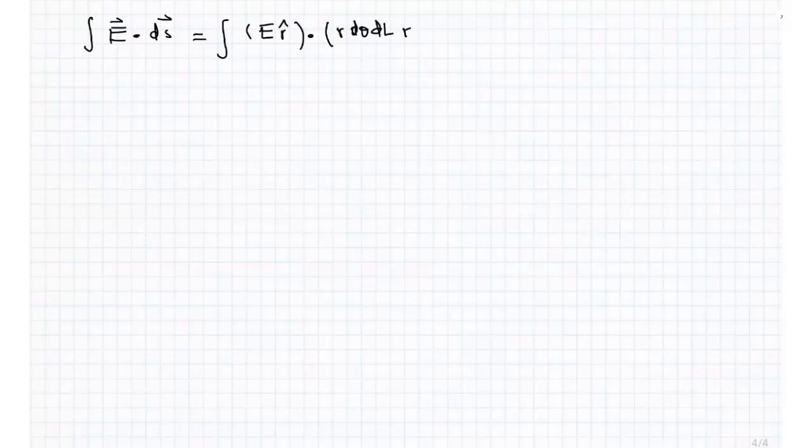The terms that don't depend on the differentials, I can take them out of the integral.